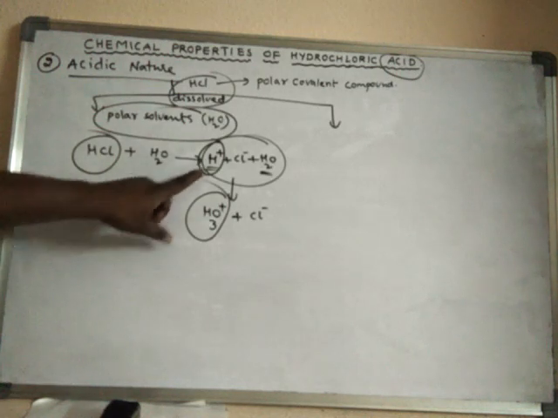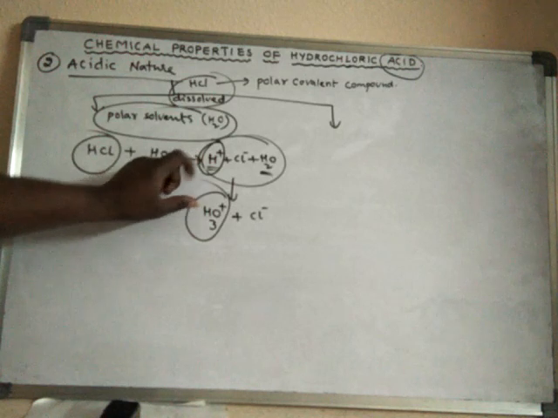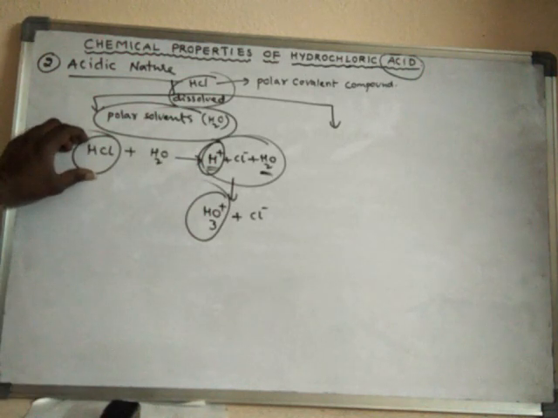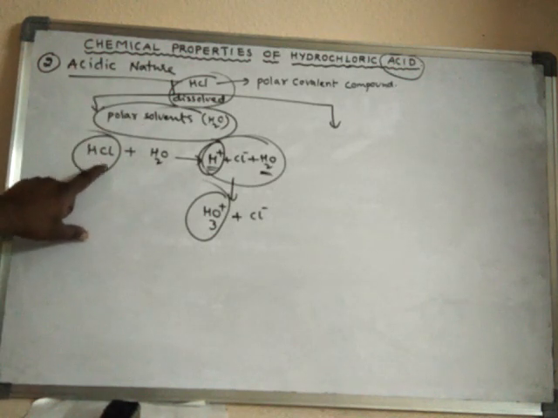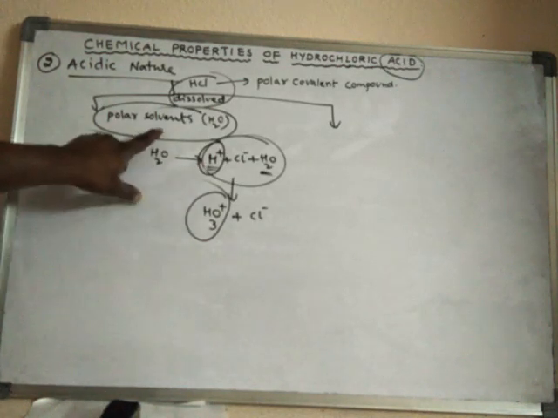Whenever H plus or H3O plus ions are present, that substance will show acidic nature. Hence, HCl shows acidic nature, due to the formation of H plus ions or H3O plus ions in polar solvents.